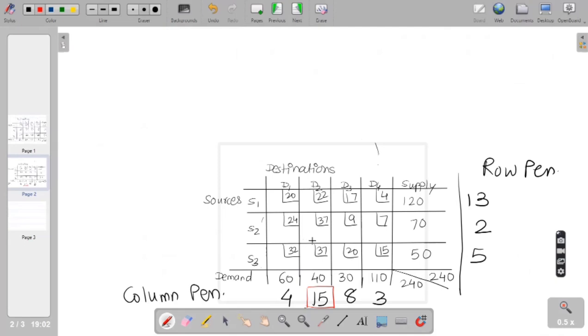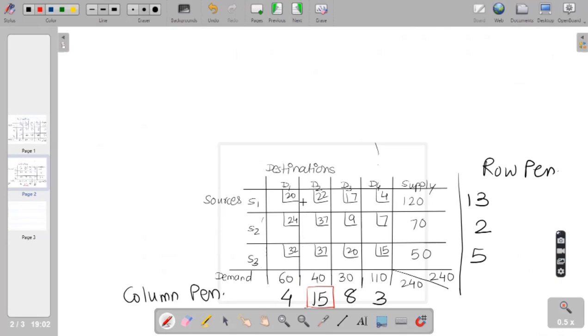And as we are interested in finding the minimum transportation cost, we should look for the minimum transportation cost in this column. And that belongs to the cell 1, 2, where the transportation cost is 22. So this 1, 2 is related to source 1 and destination 2, where the supply available is 120 units and the demand is of 40 units.